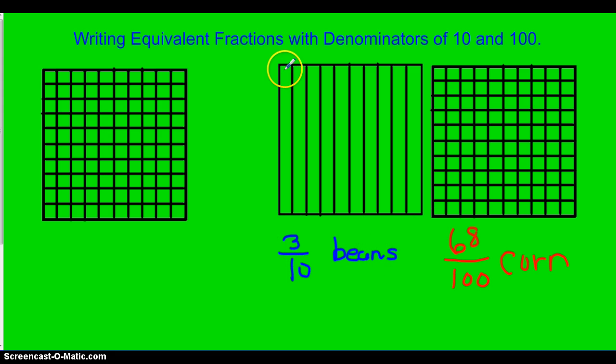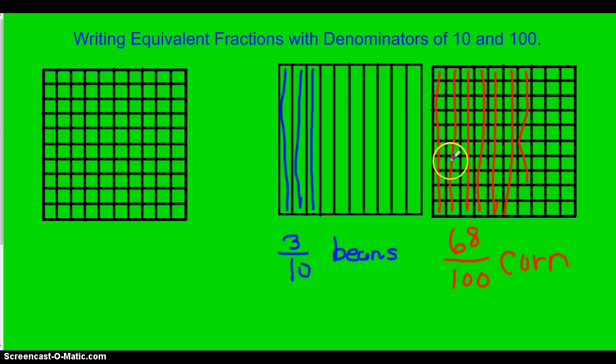If this is his 3/10, so 1, 2, 3/10 are beans, and then 68 hundredths, and again going back, we know that each one is 10, 20, 30, 40, 50, 60, and 1, 2, 3, 4, 5, 6, 7, 8.